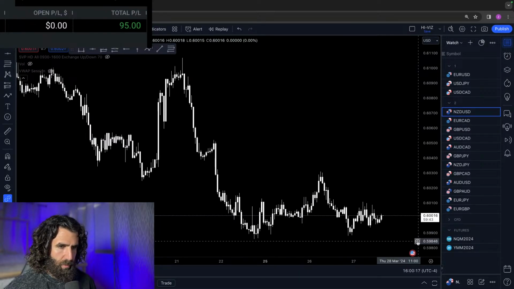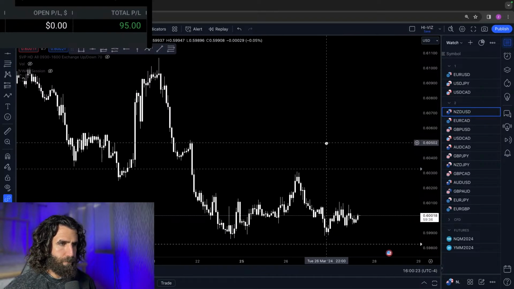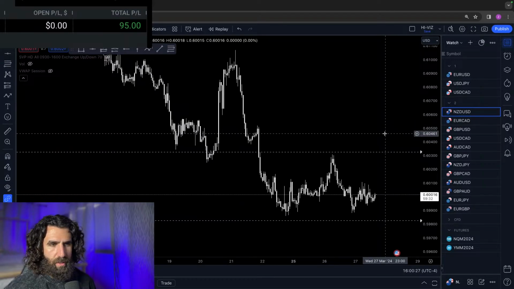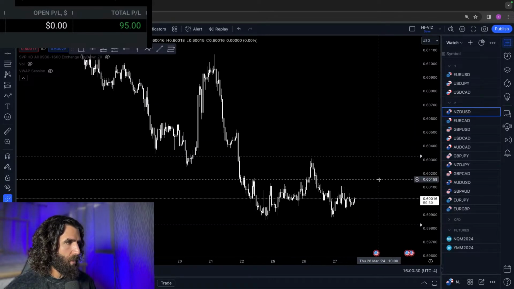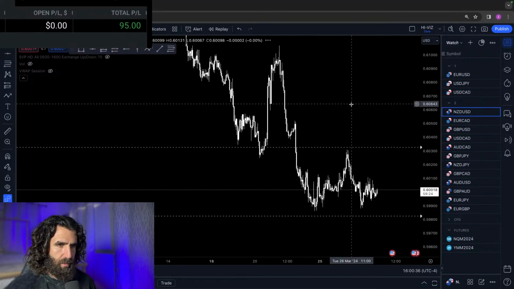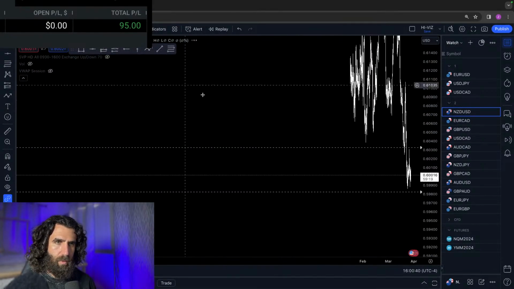So I'm going to throw an alert a few pips below this level here, and an alert above this level here. That's what I like to do for my 1 hour swing trading stuff. Price comes up, I want to know about it. Price heads down, I want to know about it as well. So yeah, I'll take a look at that. I'm going to say, we can mark some zones on this one while we're here.